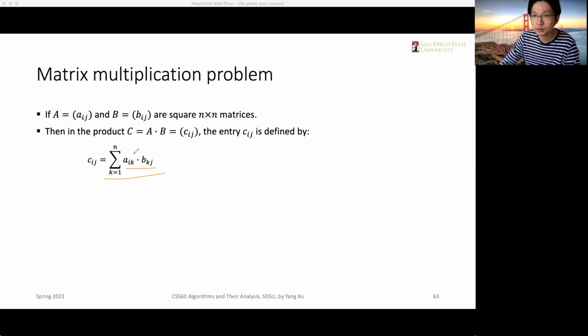If we look at this formula, the first number a_ik is the element at the ith row and the kth column of matrix A. The b_kj is the element at the kth row and the jth column in matrix B. So when we multiply these elements and iterate over all possible k's and sum up all the products, that will be the result for Cij. Okay.